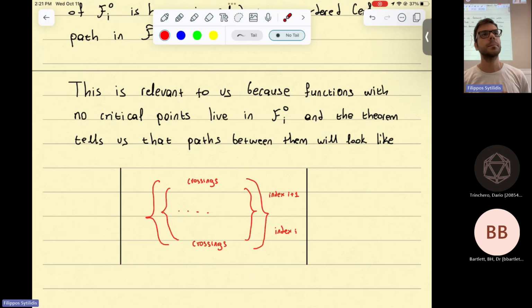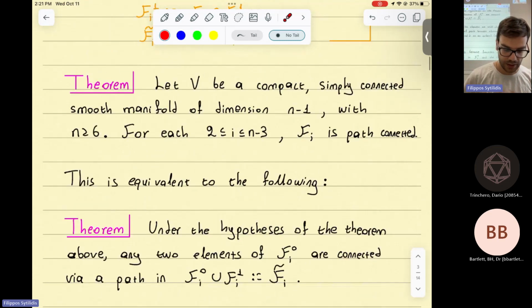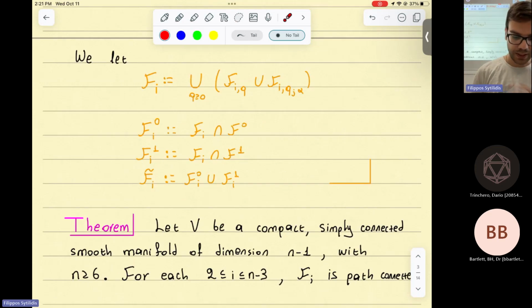So I'm confused by that because you're starting and ending with functions with no critical points. Whereas the theorem is saying that you're starting and ending in Fi. Well, it's Fi0, and remember, it was the comment I was making up here. When we defined Fi, we included the Q greater than or equal to 0. So we included the Q equals 0 condition.